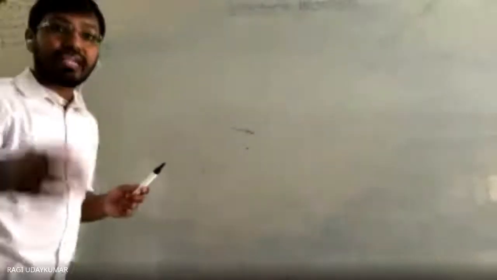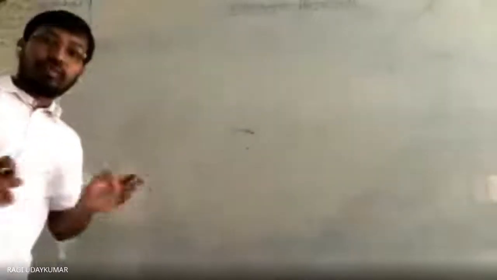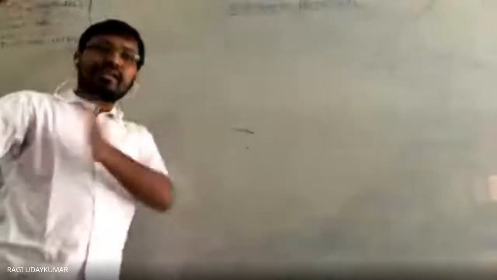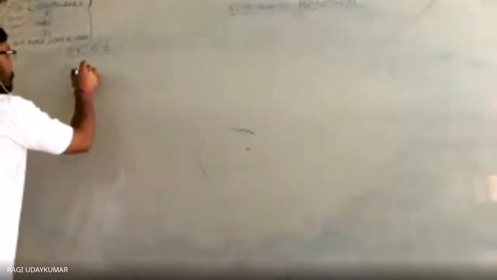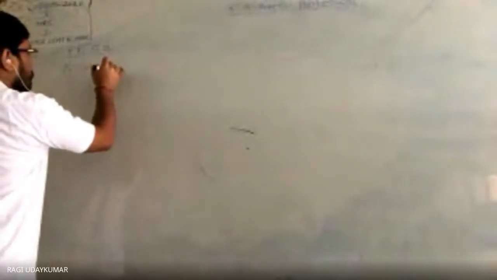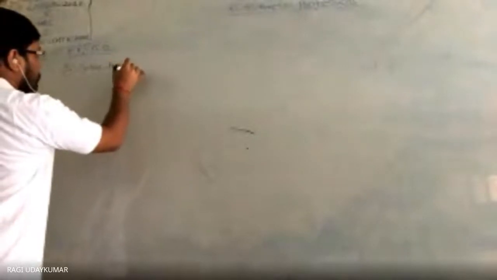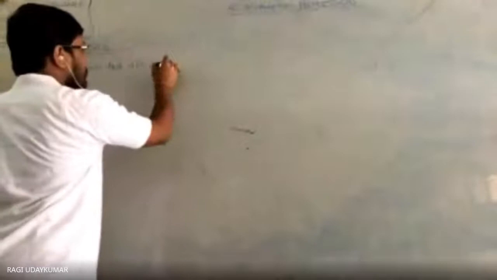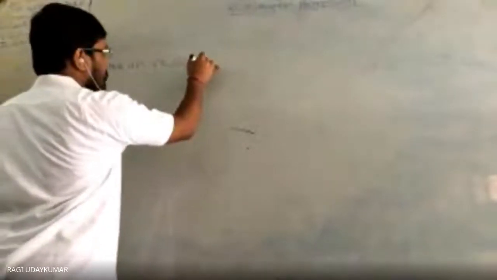For what value of n are both nth terms equal? The first arithmetic progression is 63, 65, 67, and so on.